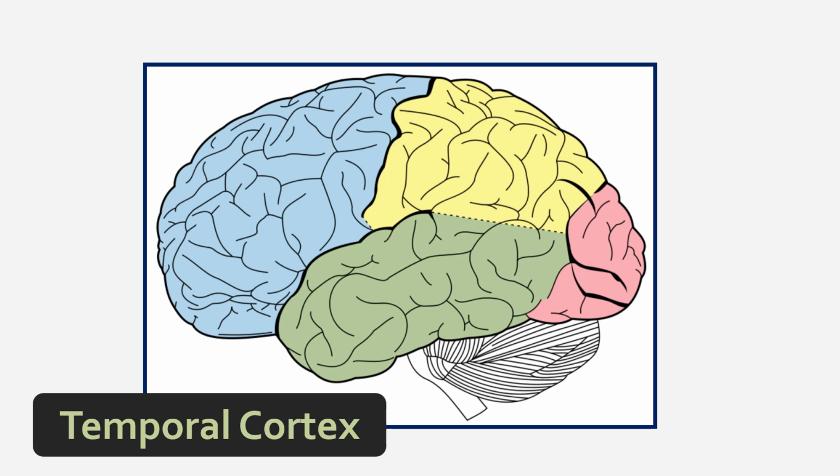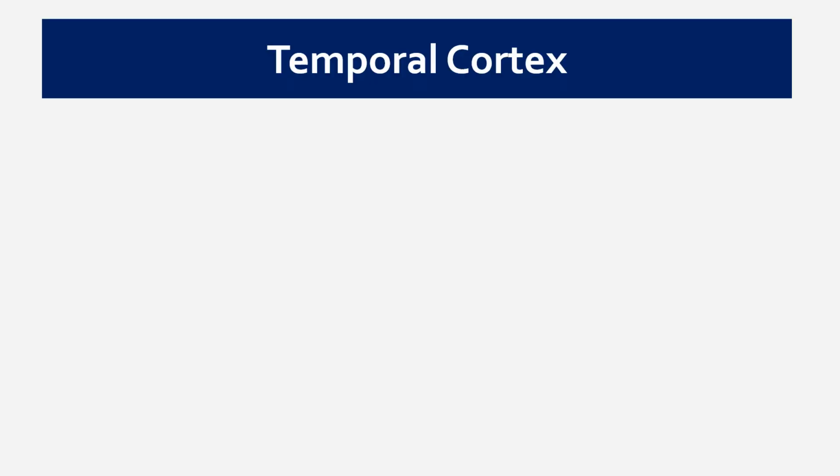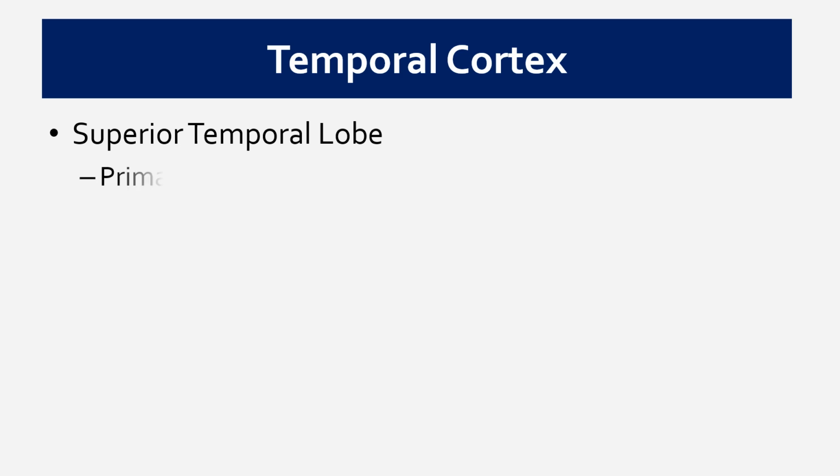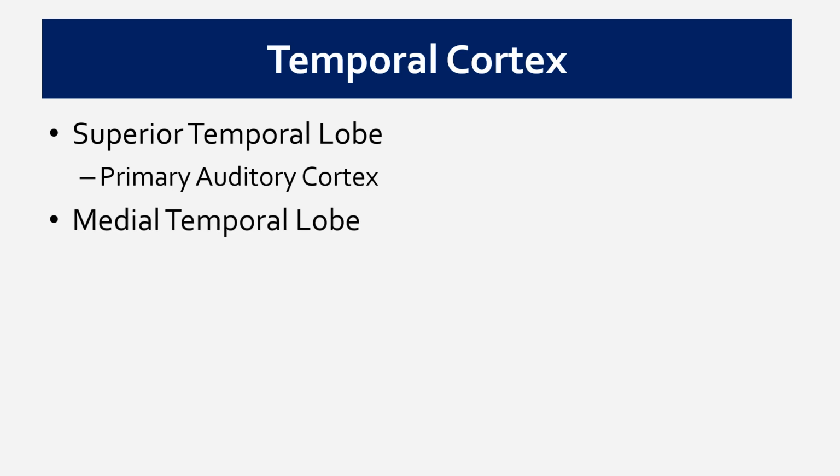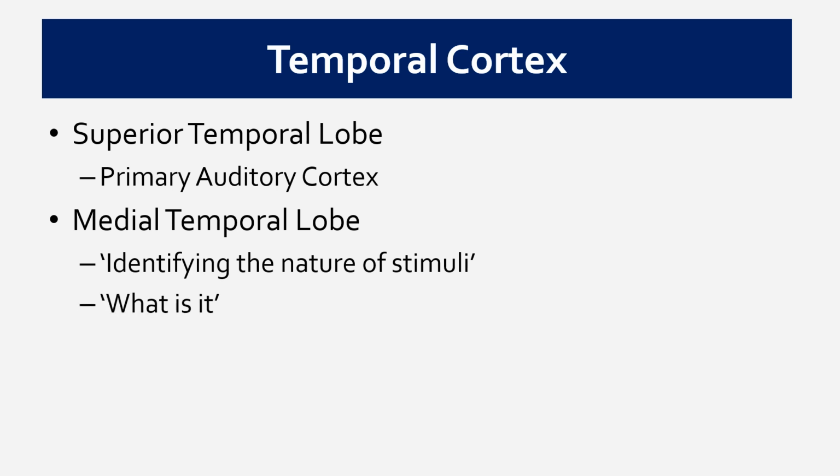On then to the temporal cortex. When we're processing incoming sensory information, a simple summary of what the temporal cortex does is it tells us what that incoming information is. The superior temporal lobe we talked about earlier contains the primary auditory cortex for processing auditory information. The medial temporal lobe is the region responsible for identifying the nature of stimuli, very simply telling us what something is.